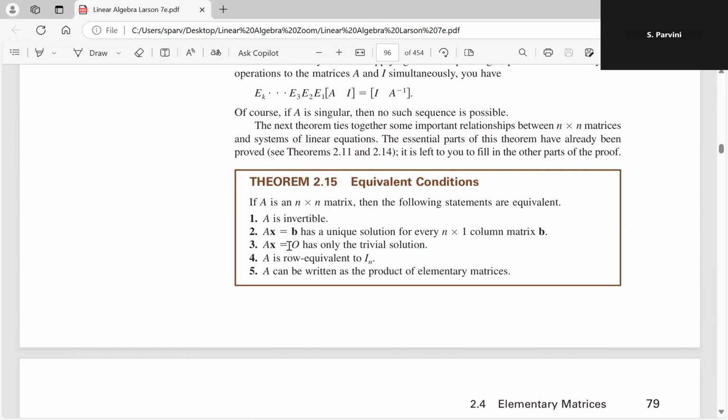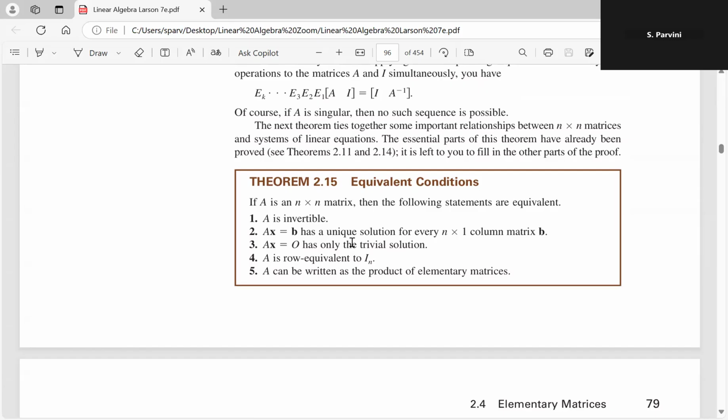But if I have AX equals 0, the only solution is that all x's are 0 if A is invertible. So we can cite this theorem and just say, A is invertible, therefore 3 follows.